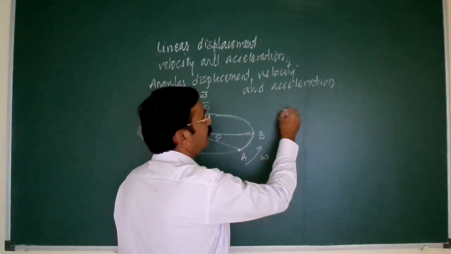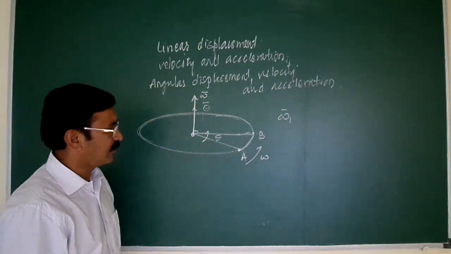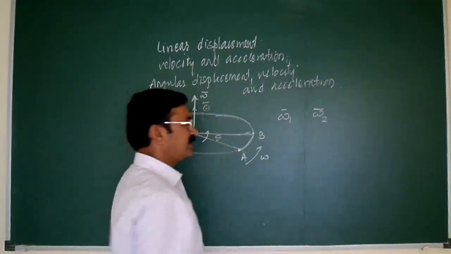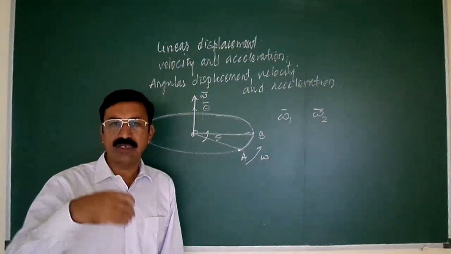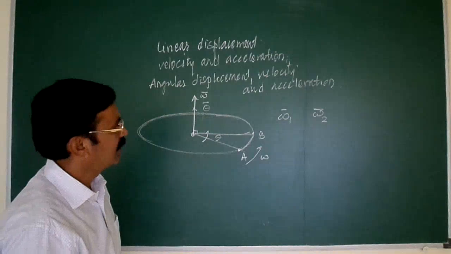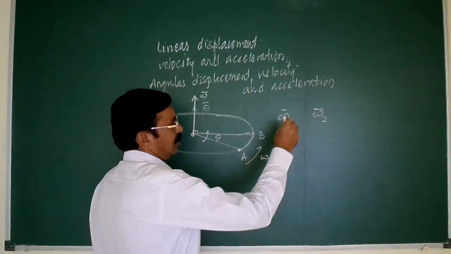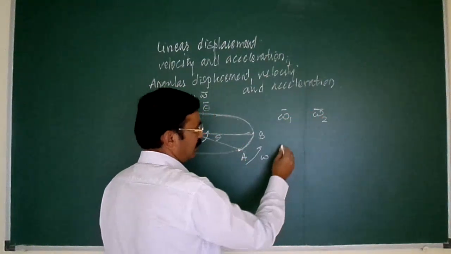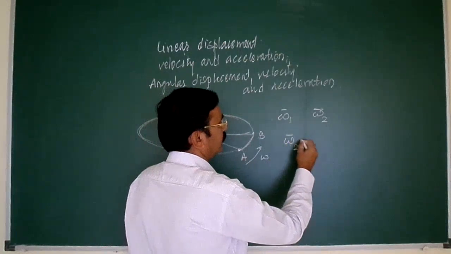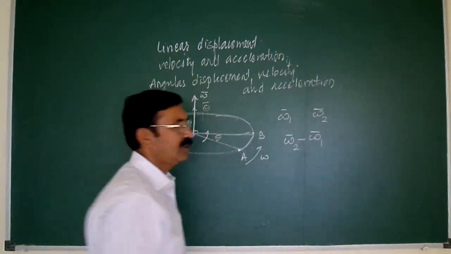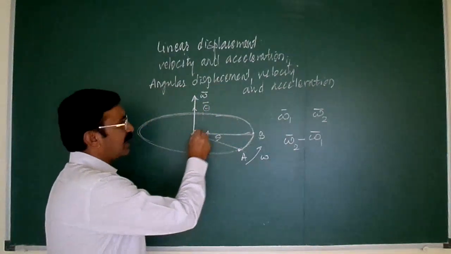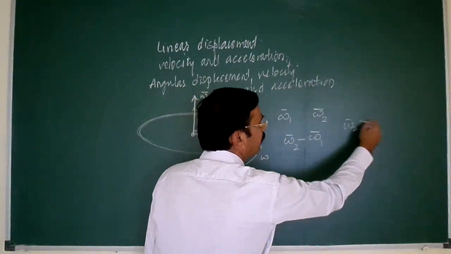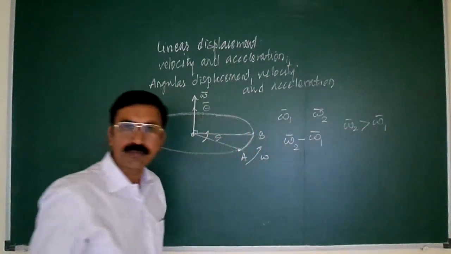Suppose omega 1 bar is the initial angular velocity and omega 2 bar is the angular velocity after some time period, then the difference between omega 2 bar and omega 1 bar will be in the same direction as omega 1 and omega 2 if the value of omega 2 is greater than omega 1.